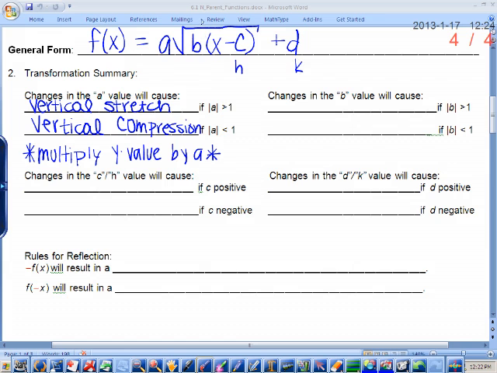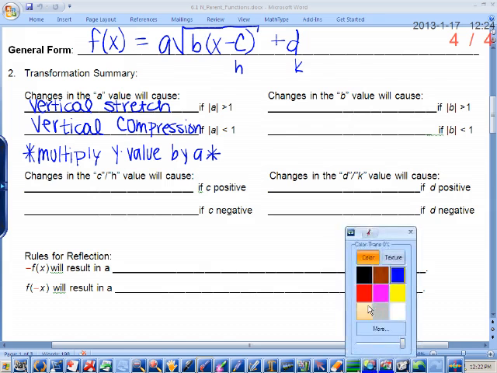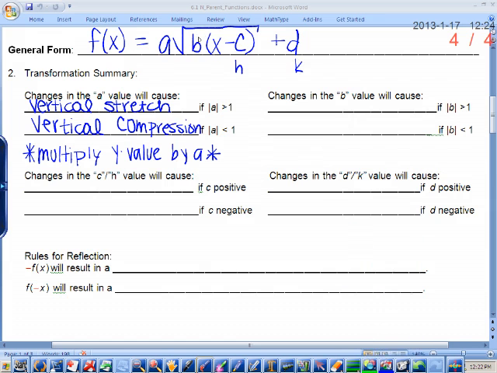What does our b do in here? Yeah, it's a horizontal stretch or compression. And remember that inside the parentheses, or in this case under the radical, does the opposite of what we expect. So when b is bigger than 1, it is a horizontal compression, because it's the opposite of what we expect.